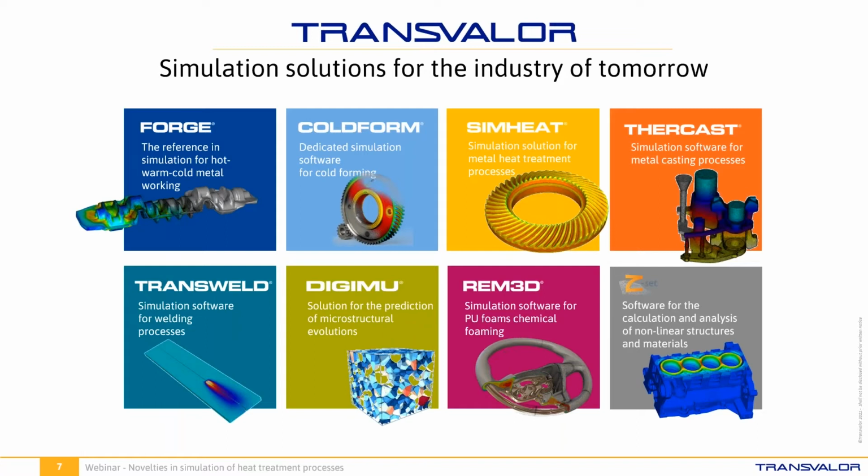For those who don't know TRANSVALOR, we offer different products to help you master your manufacturing processes and increase parts quality and productivity. Our solutions can be used at any step of your production, from the foundry to the forming until the fatigue calculation, now available with ZZ software.